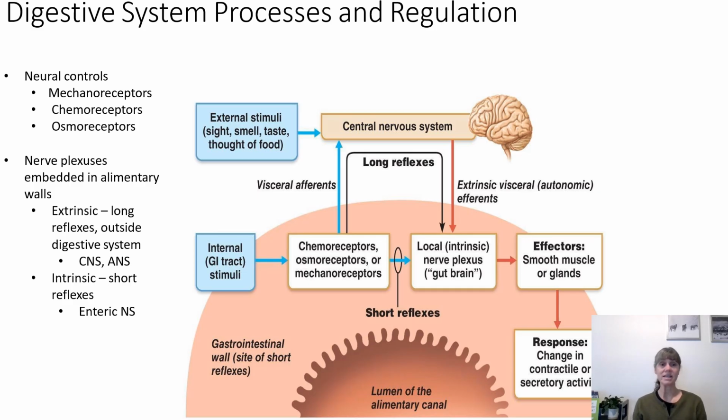Remember that there are extrinsic controls, which are going to be involved in longer reflexes outside of the digestive system, including the central nervous system and autonomic nervous system, as well as intrinsic controls, which are the short reflexes that are controlled by the enteric nervous system that we saw earlier.